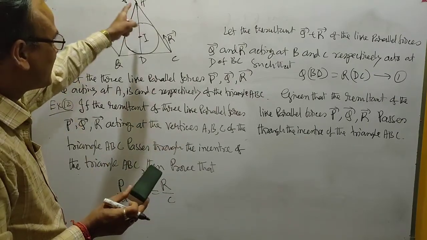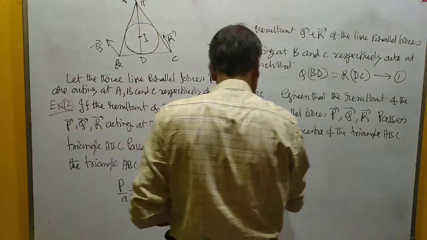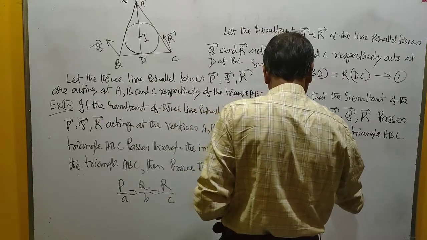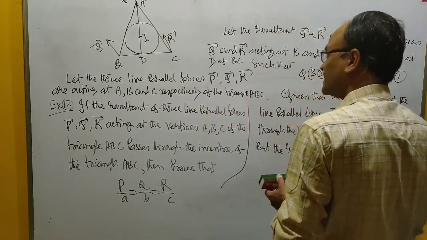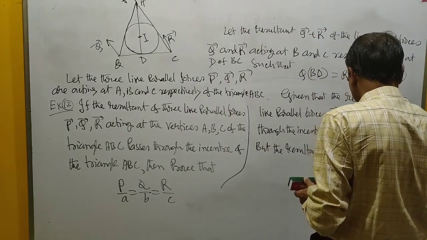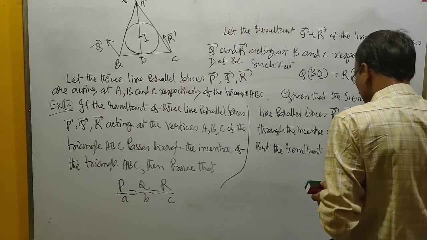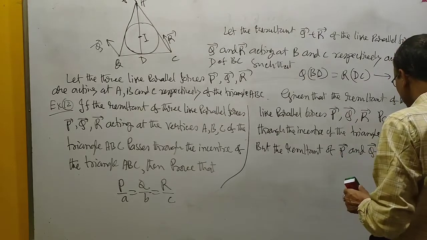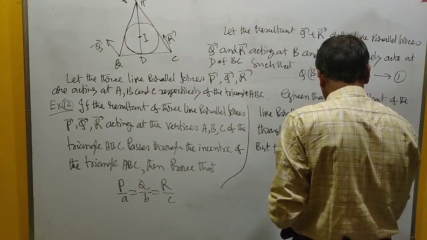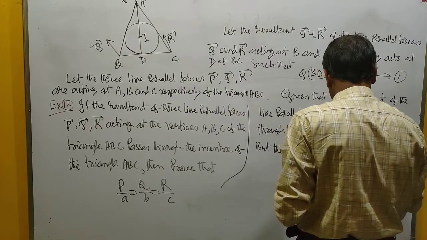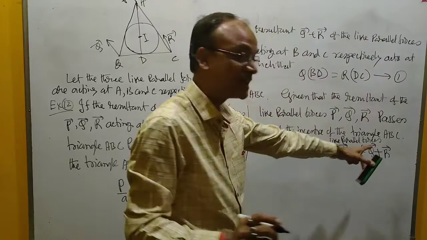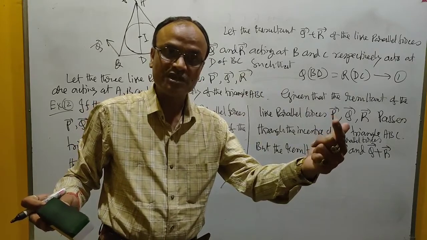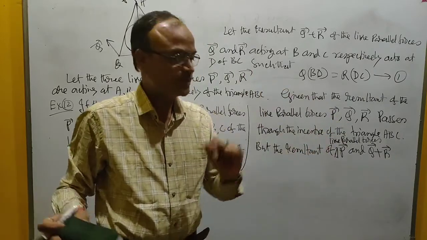But the resultant of P and Q plus R, which are like parallel forces, will be P plus Q plus R, and the resultant of the original forces P, Q and R acting at A, B and C is also P plus Q plus R.